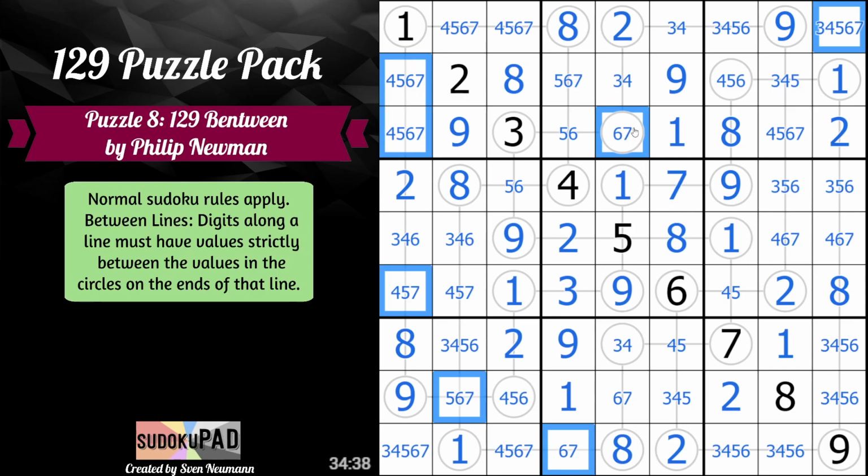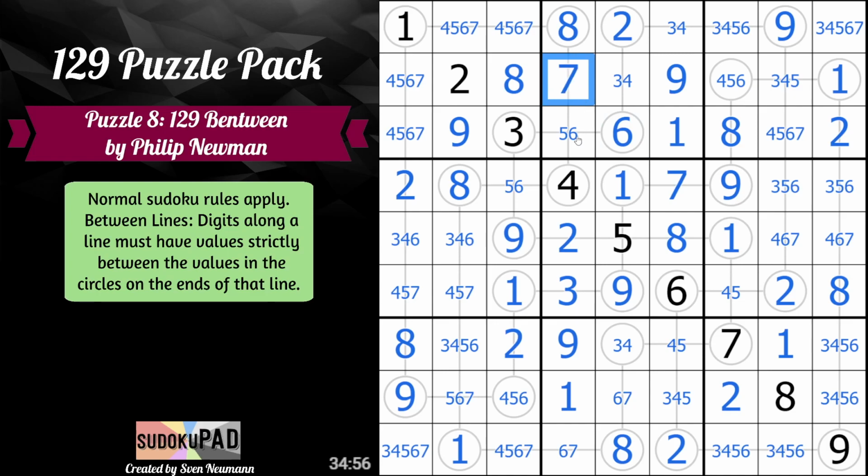So 7 in this spot leads to a contradiction. I was looking at 6s originally, but those didn't seem to lead anywhere. So if this cannot be 7, then this must be 6, this must be 7, this must be 5.